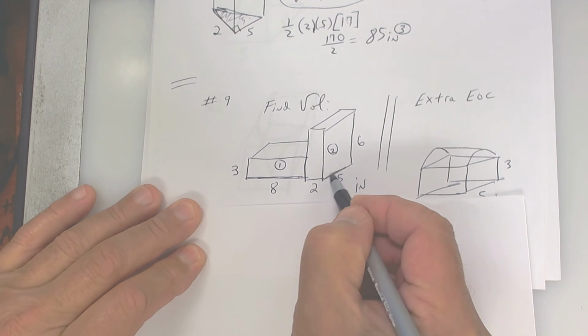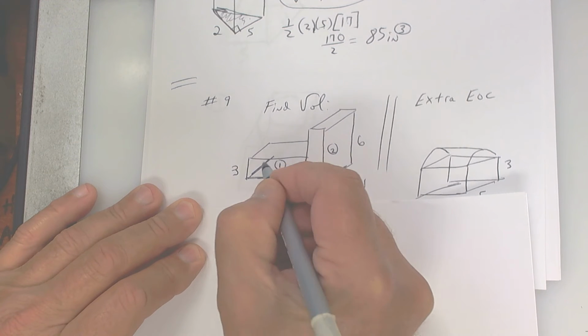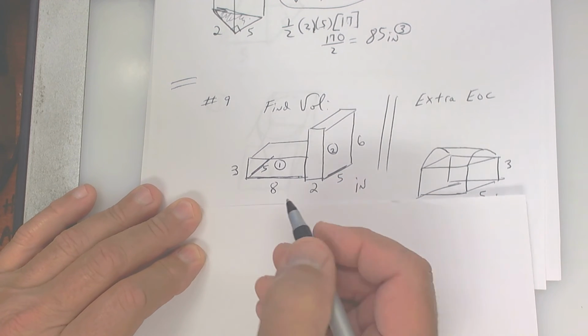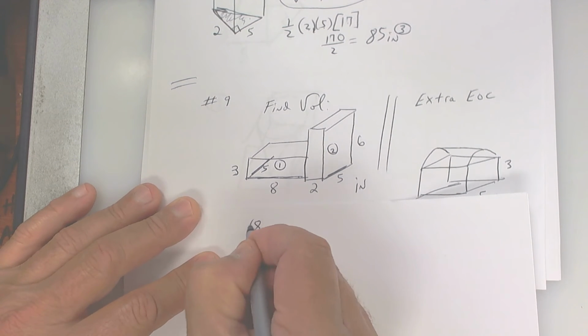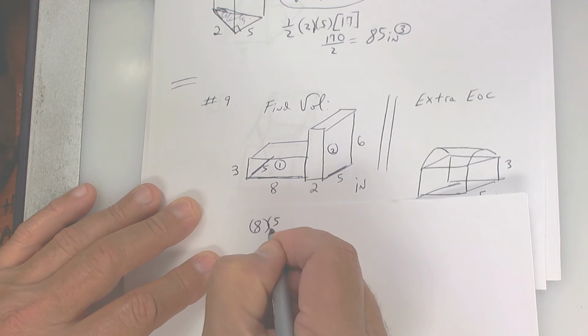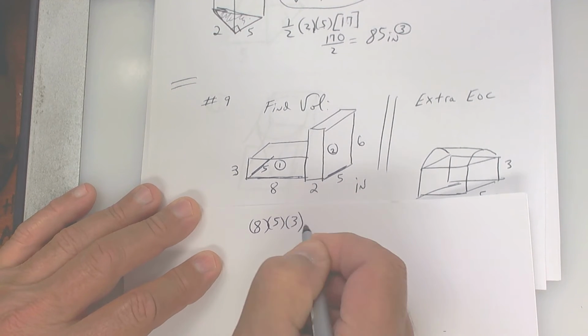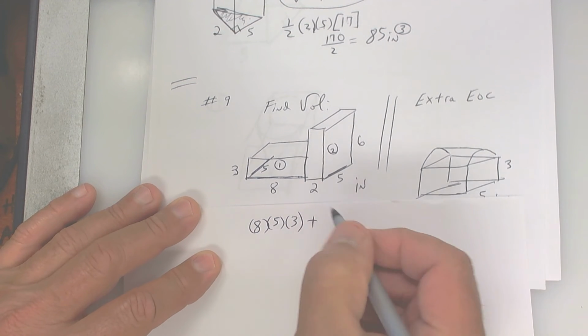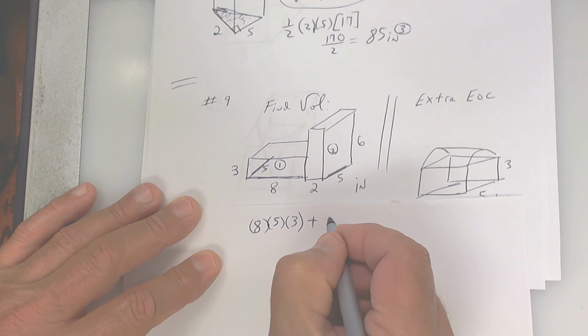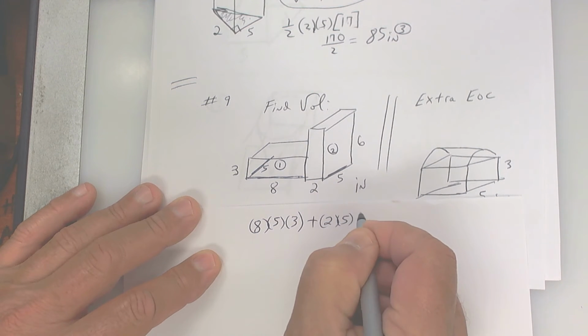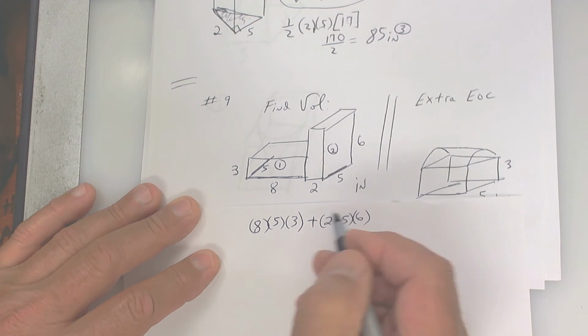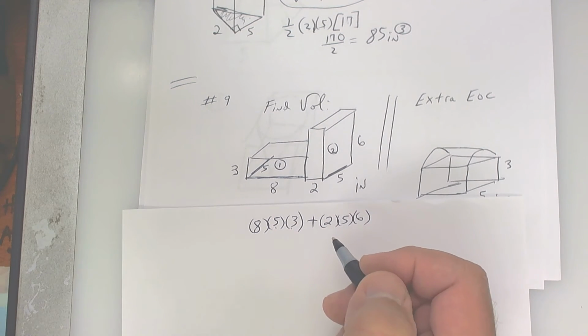The width is the same as this, so that's going to be 5. And then the height. So it's length times width times height is number 1. And then number 2 is length times width times height. And then you add that up. So this is 15 times 8.